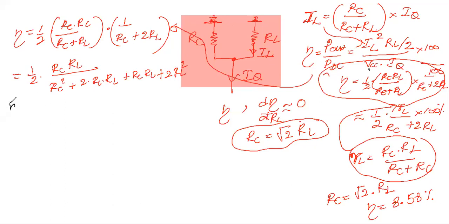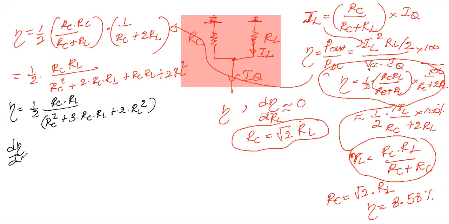And then you can write down eta equal half into, if you solve this one, RC RL divided by RC square plus 3 into RC RL plus 2 into RL square. And then just consider the derivative d eta over dRL.